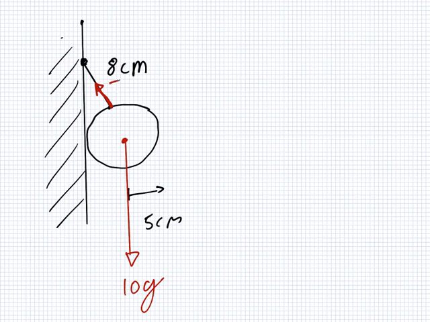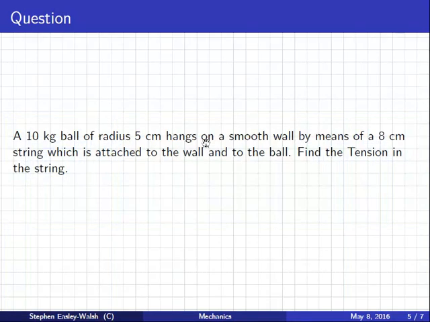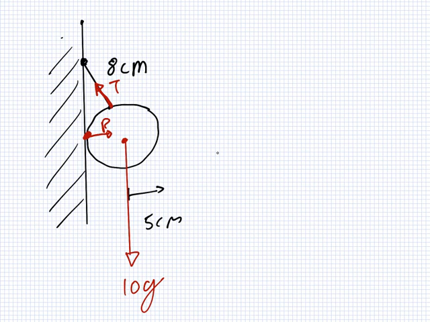Okay, I am missing one force on my diagram. What am I missing? The reaction. And which way will this point? It's perpendicular here because I think I said it's a smooth wall. Now, using the three-force theorem, I know that these three must all meet at the same point, which means this tension force is pointing to the center of the ball.